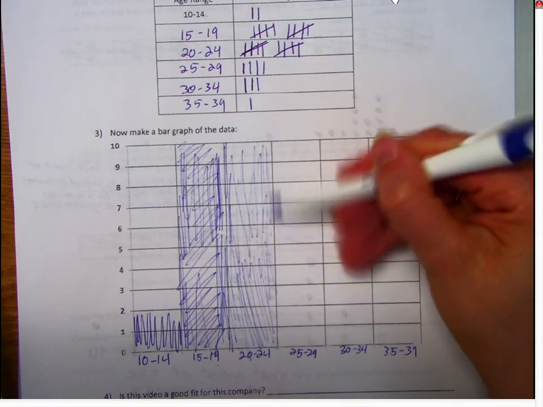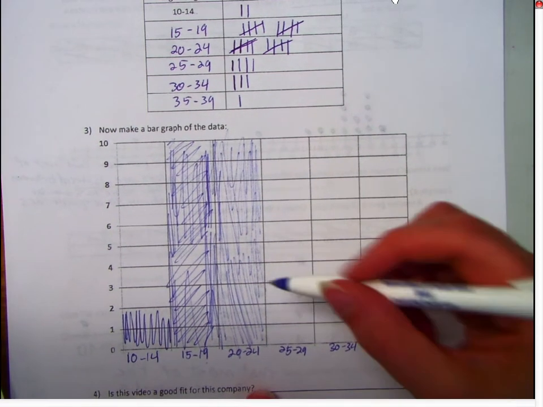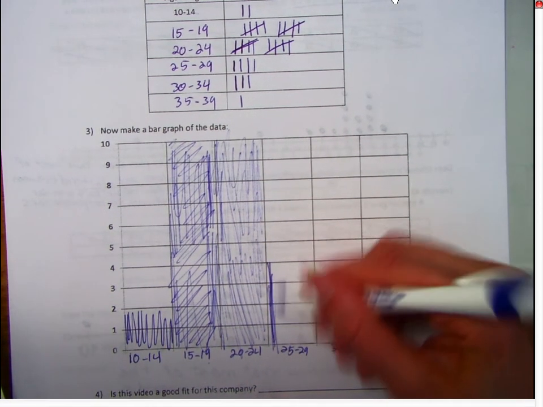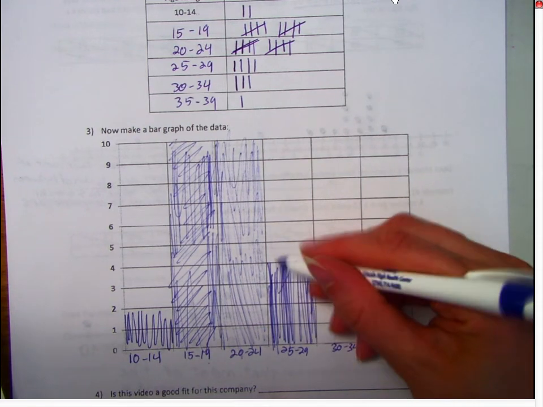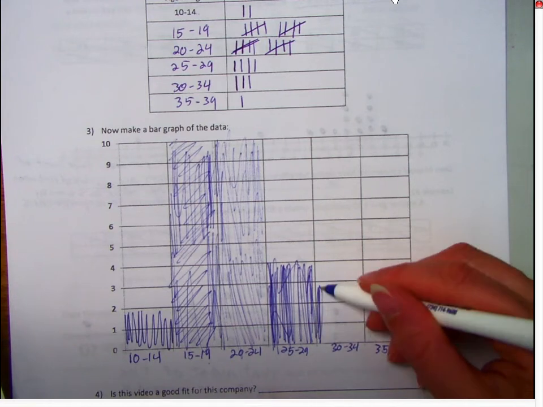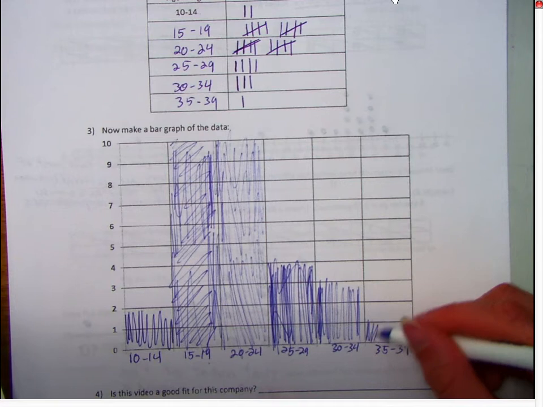Miscounted. It's 10. I've done this 3 times. All right. 25 to 29, it's 4. 30 to 34, I get 3. And 35 to 39, I get 1.